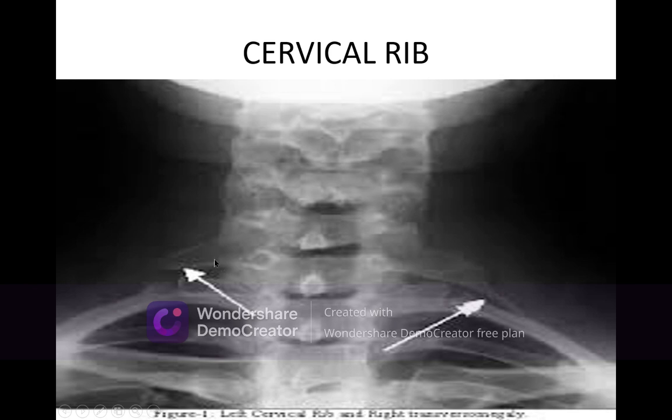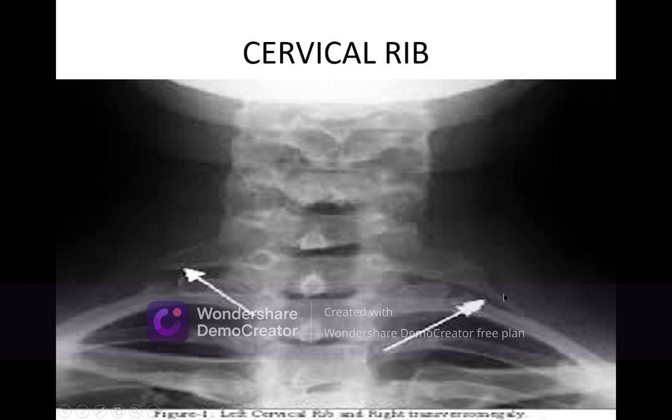What is the cervical rib? Cervical rib is an accessory rib. It is a short one arising from T1, the first thoracic vertebra. This one is the short one.